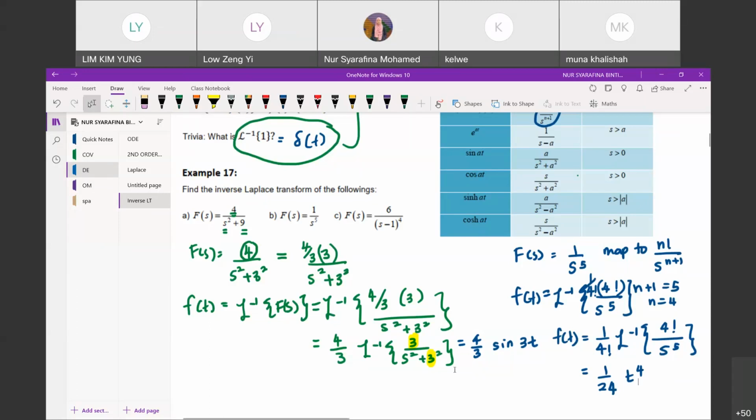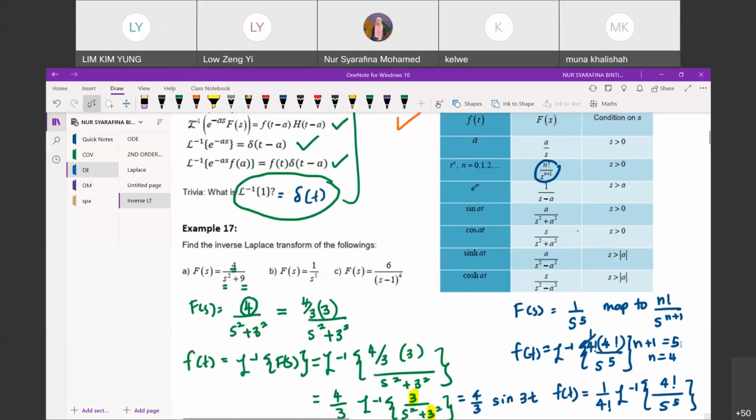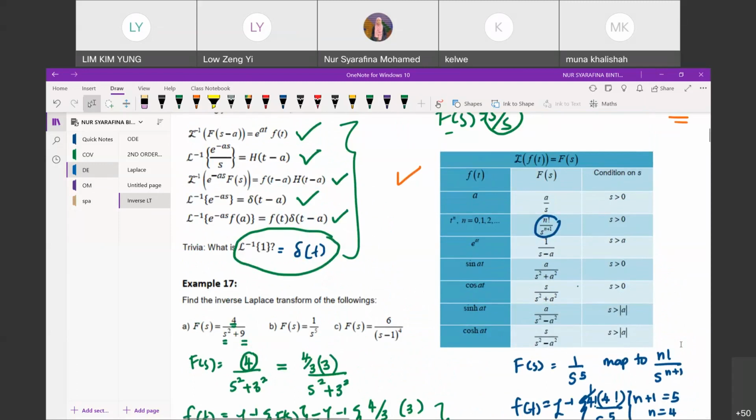Okay. All right, now let's try C. How can we inverse C? So first, which form is the most suitable? We can map to C here: 6 over s minus 1 to the power of 4. Have a look first. We have a table of transformation.